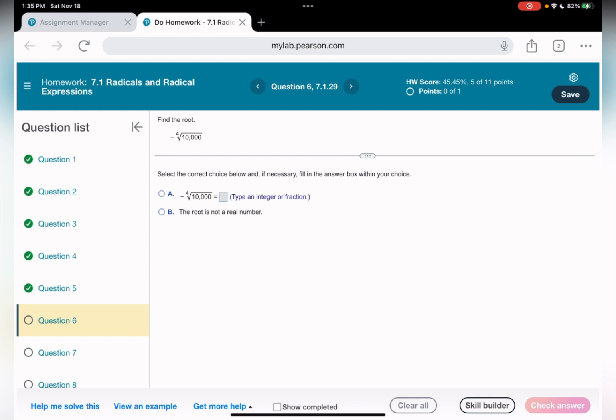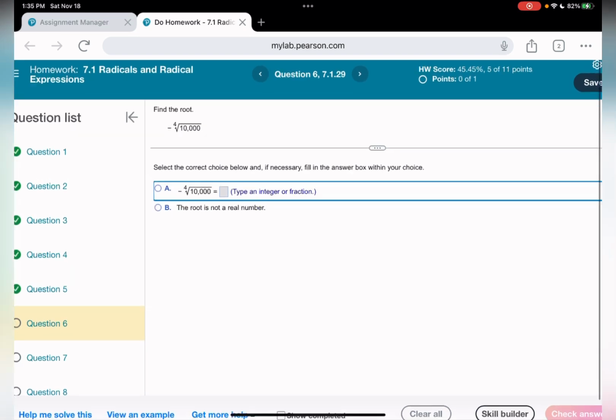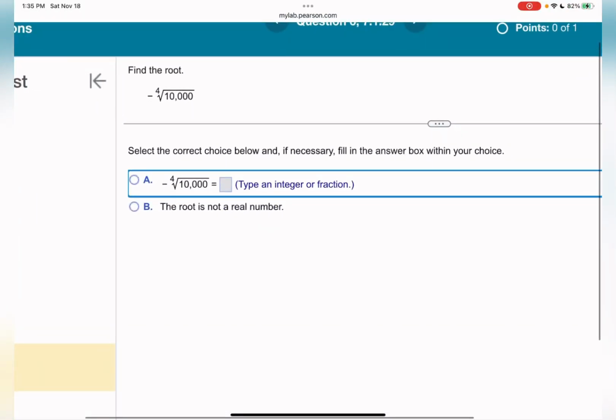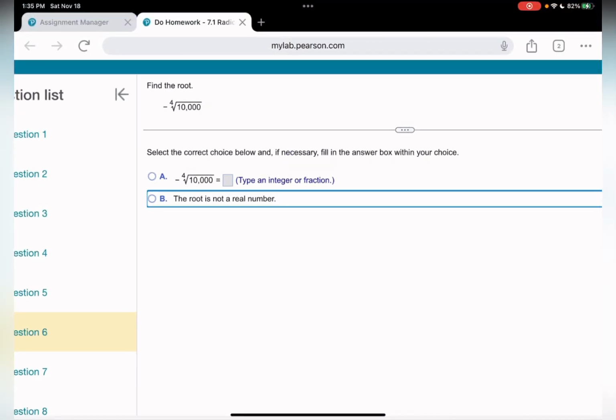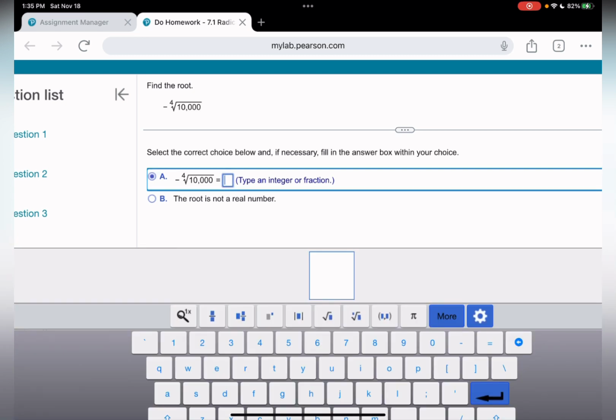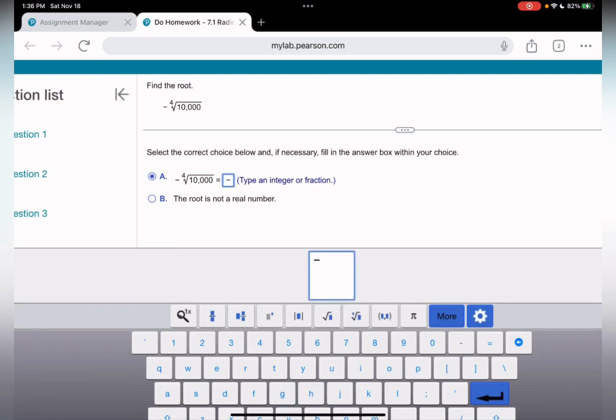Question number 6, what do we have? Okay, now here we have a negative outside of the radical degree 4, which has nothing to do with the 10,000 under radical degree 4, which means that negative is going to stay, be it radical 5 or radical 3, 4, radical 8, doesn't matter, or radical 7.